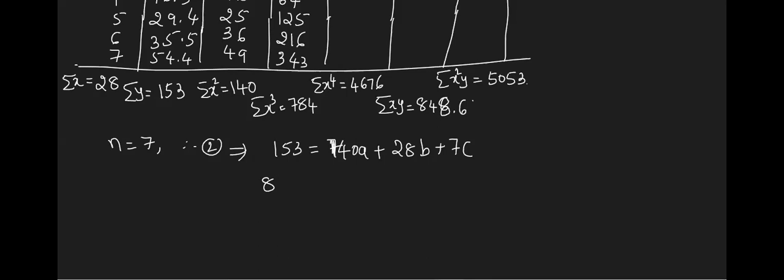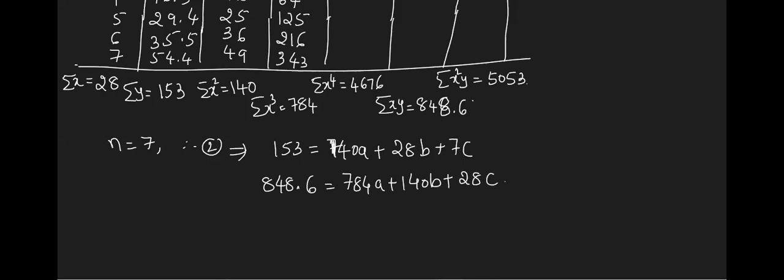Next one is summation xy, so 848.6 is equal to a into summation x cube, 784a plus 140b plus 28c.